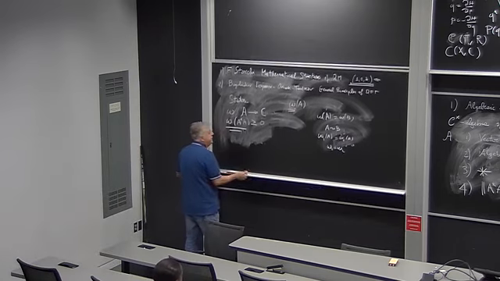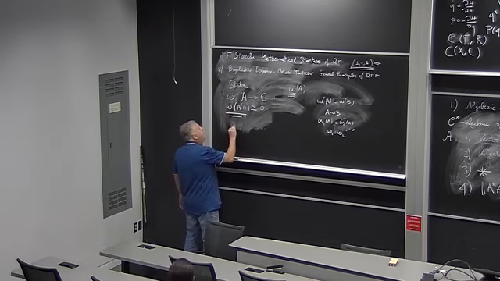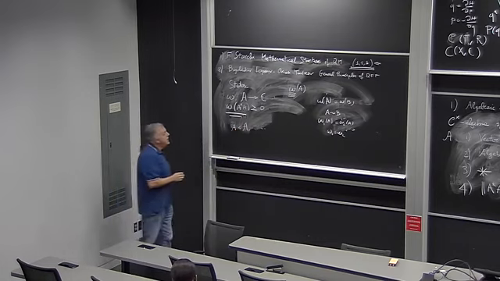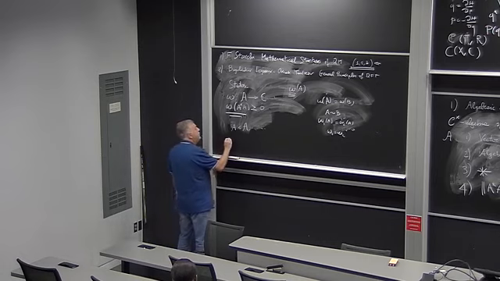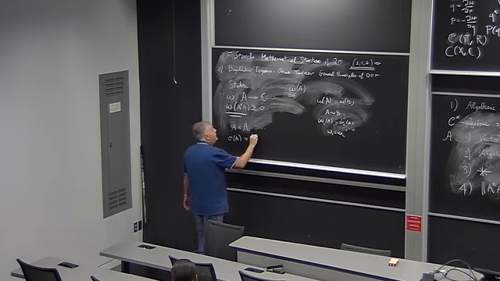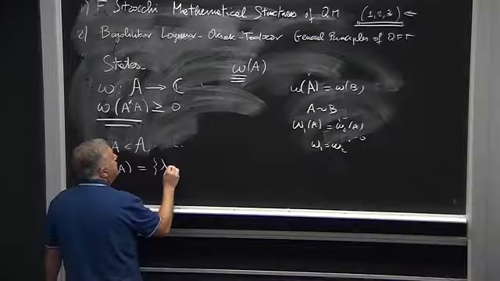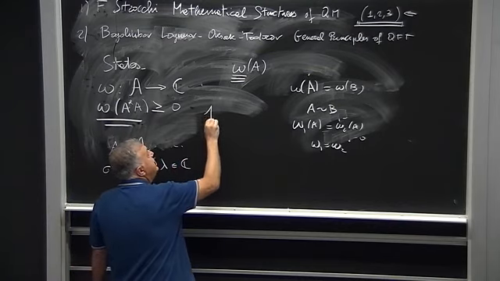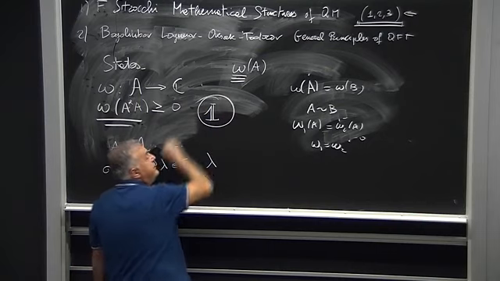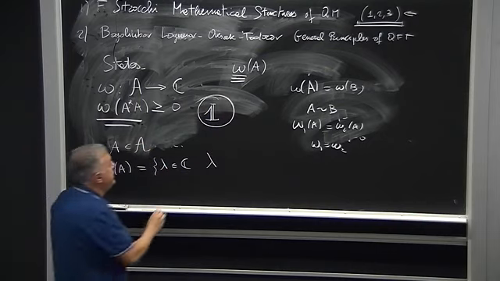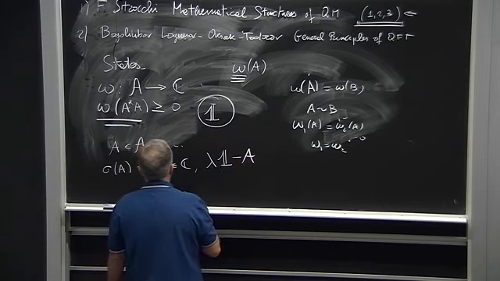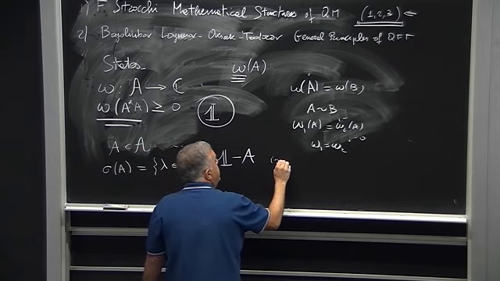Let me tell you what the spectrum of an operator is. If you have an operator A belonging to a C-star algebra, the spectrum of A is the set of complex lambda such that the operator lambda 1 minus A is not invertible in the algebra. We are always considering algebras which have an identity inside.